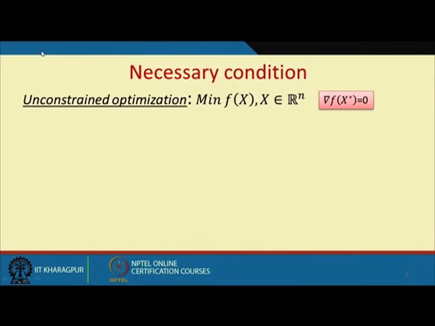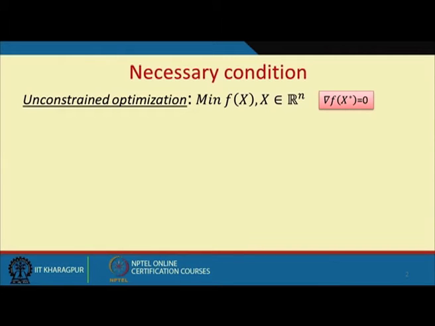Now, we know that if we consider an unconstrained optimization problem, minimization of f(x), the necessary condition would be that the gradient of f(x) at the optimal point must be equal to 0.